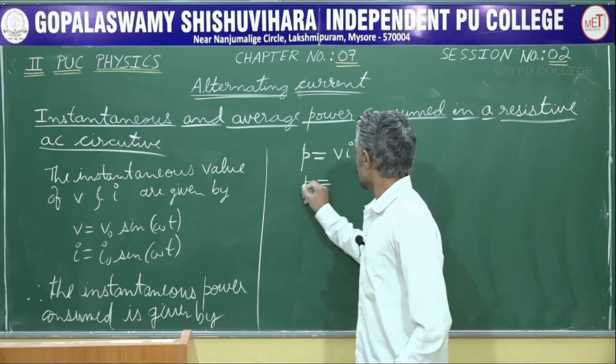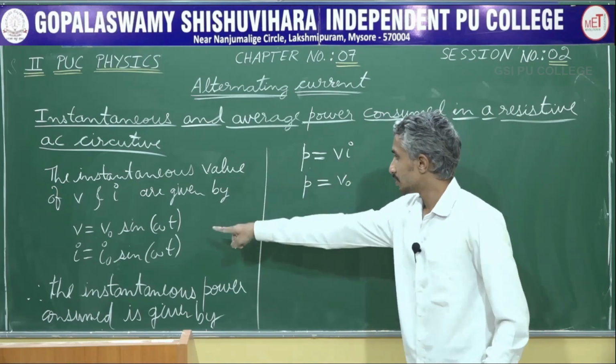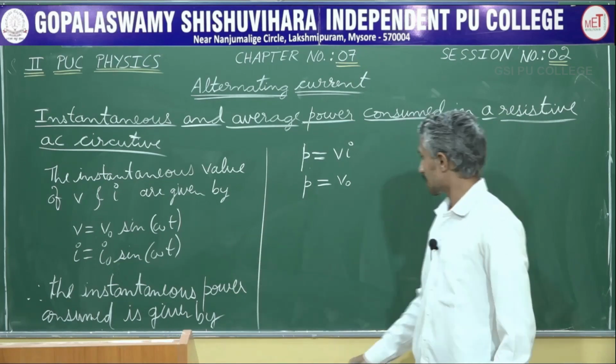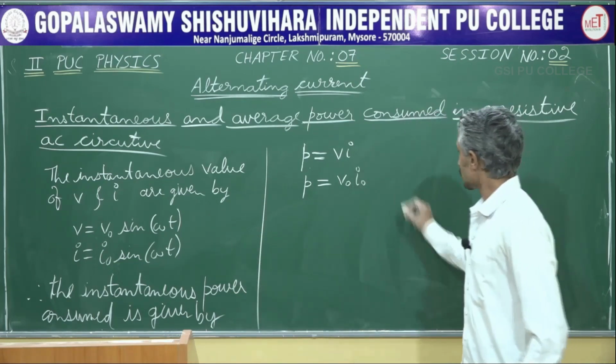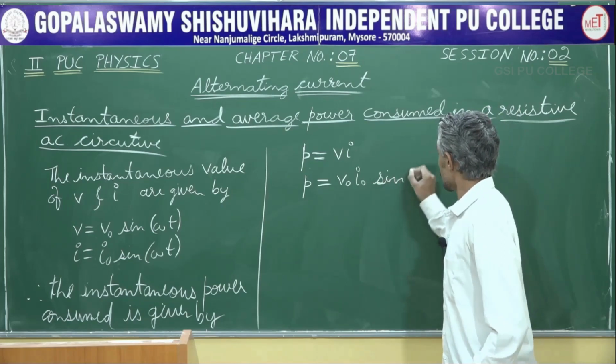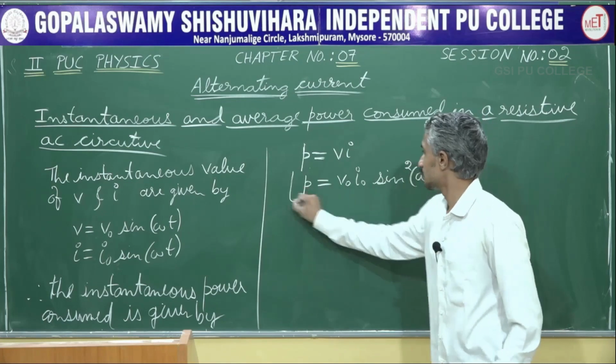So, this is going to be, use the equation for V and I, V naught sin omega t and I naught sin omega t. So, this will become V naught into I naught sin omega t into sin omega t. You will get it as sin square omega t.